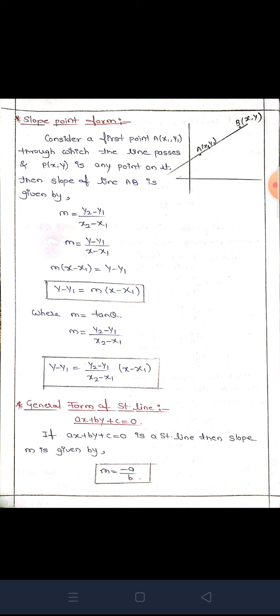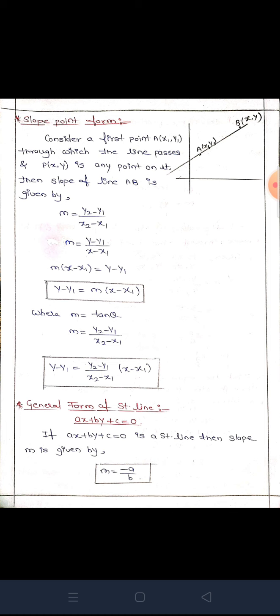Then the slope of the line AB is given by, how to find the slope between 2 points? That is m is equal to (y2 minus y1) divided by (x2 minus x1). Now consider the points of A as (x1, y1) and B as (x2, y2).